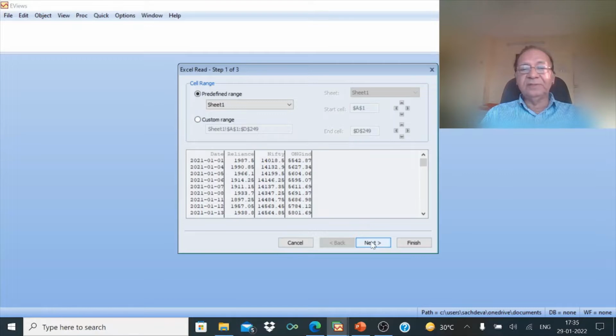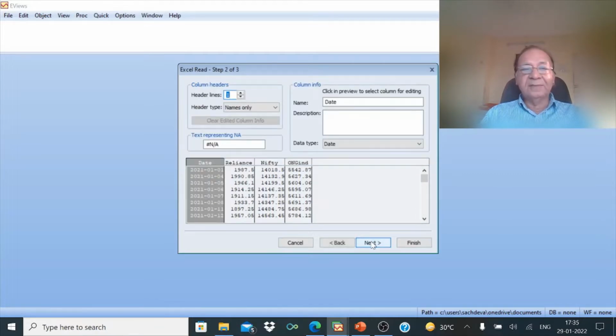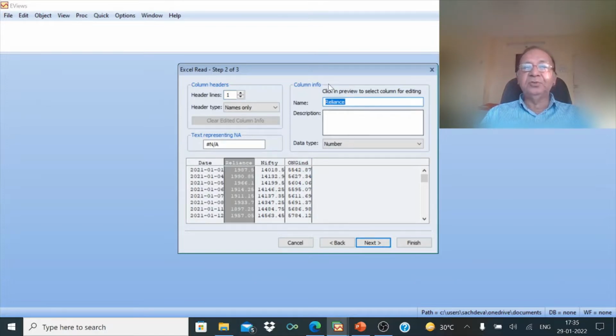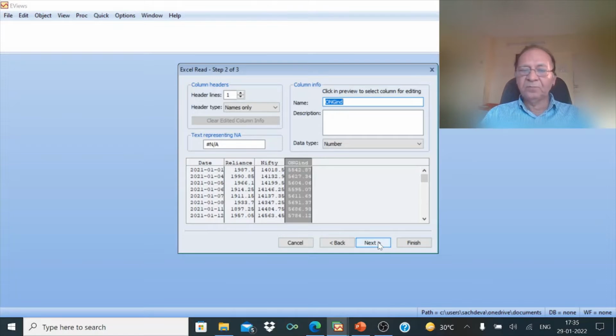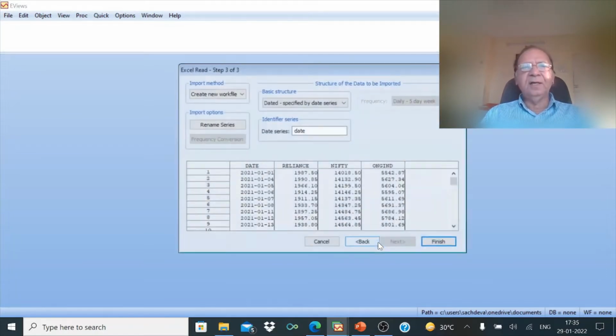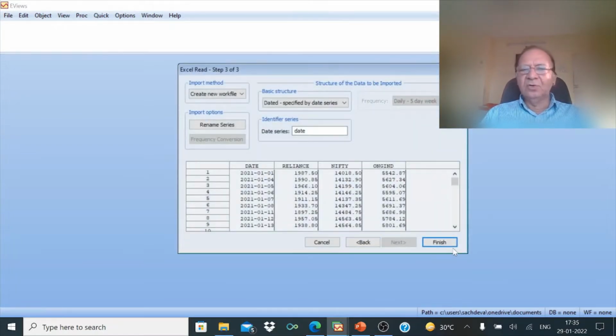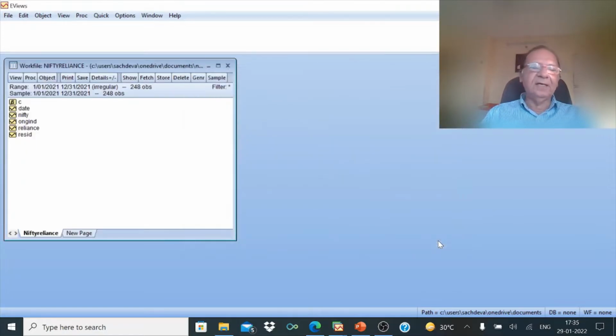So you go on clicking next. Next, you can see the series names: Nifty, ONG, IND, etc. Next, and finish. So we have got the data from the Excel sheet into EViews.